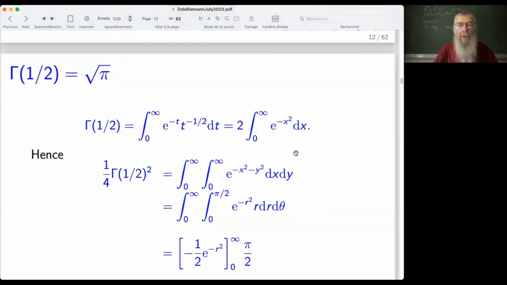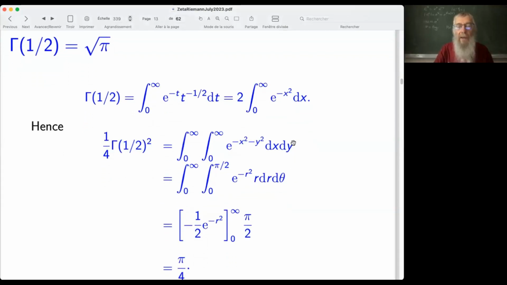And so if we multiply this formula by itself, we have gamma of 1/2 squared. The two, we put it here, we have 1/4. And then we have a double integral, the integral of exponential minus x squared dx times the integral of exponential minus y squared dy. This double integral can be changed by making a new change of variable, taking polar coordinates.